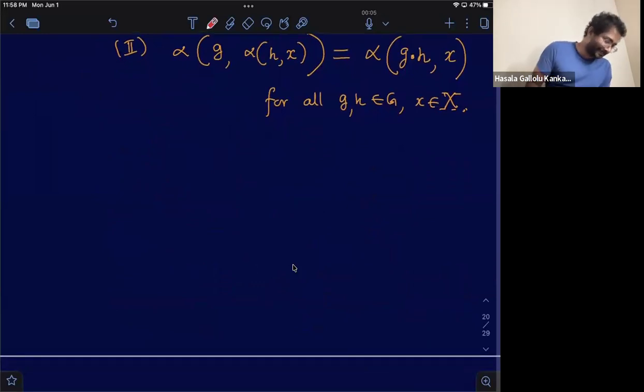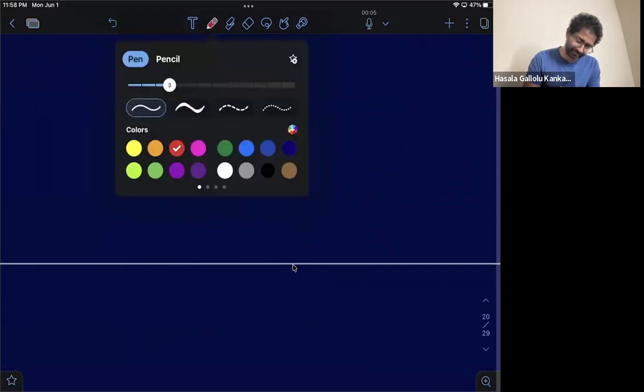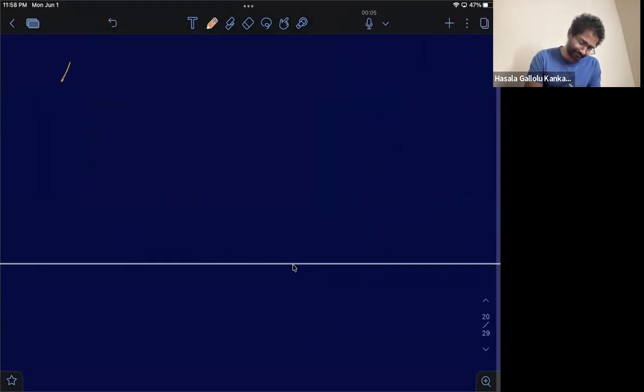All right. So now, let's do this. Since we talked about the action of a group on a set, what is the action of a group on a set? Action is none other than this.